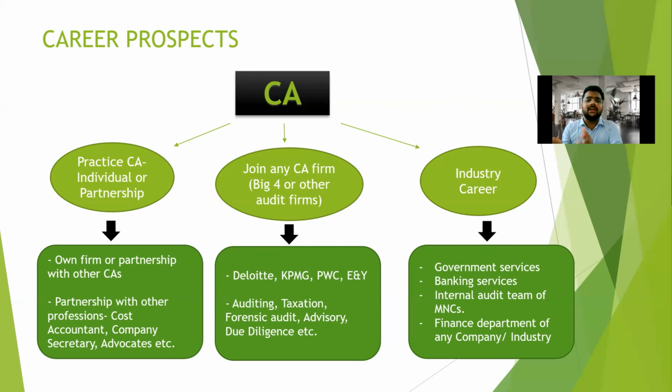I would say I have friends who are in all these streams. I have friends who practice as CAs. I have friends who work like me in another CA firm, or I have friends who work in companies like government companies, etc. So I would say these are the key streams in which you can move once you become a chartered accountant.